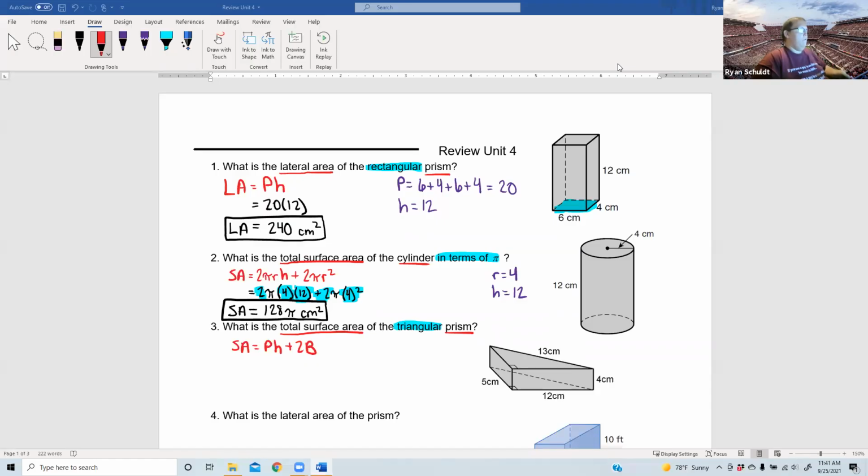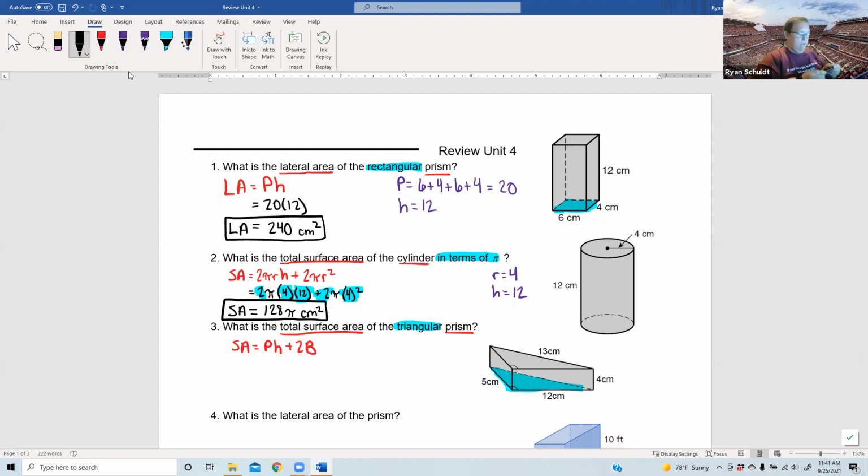Okay, so a triangular prism. That means our base will be a triangle. So this is our base down here. Or you could say the base is the top one. Either one works. But the base needs to be a triangle.